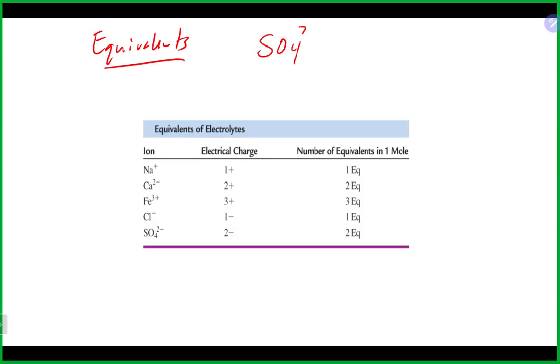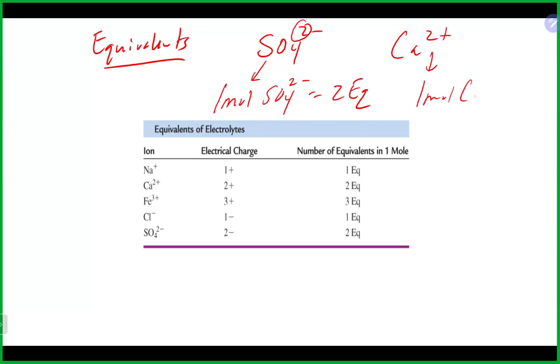And it doesn't matter really if it's a positive ion or if it is a negative ion. It is actually just the number here that's important. So we could come up with a conversion factor that 1 mole of sulfate gives you 2 equivalents. And the 2 is basically from the charge. And the same thing here, if we had 1 mole of calcium, that would also be 2 equivalents in this case because of the charge.